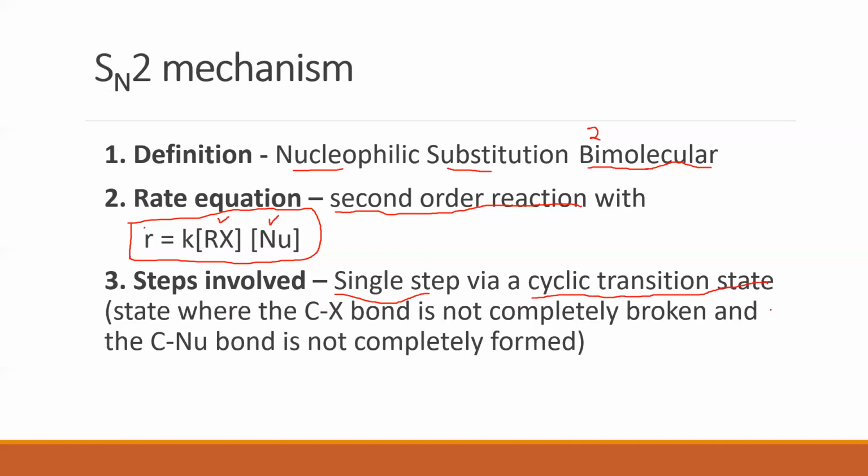You're able to understand? Yes. SN2 mechanism is a single step mechanism via a cyclic transition state. Now we already defined what a transition state is. It is a state where the carbon halogen bond is not completely broken and the carbon nucleophile bond is not completely formed. Clear? All right.